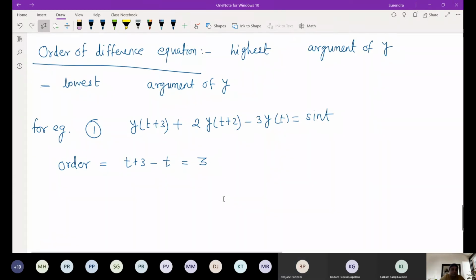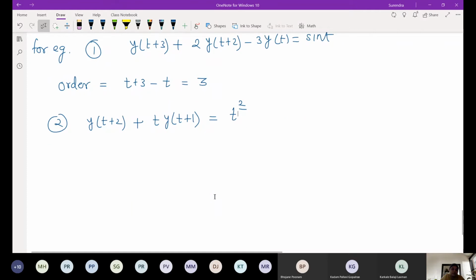Yes. For second one, suppose y at t plus 2 plus t times y at t plus 1 is equal to, say, t to the 2 following. What should be the order? Order of this difference equation should be t plus 2, highest order argument, minus t plus 1.